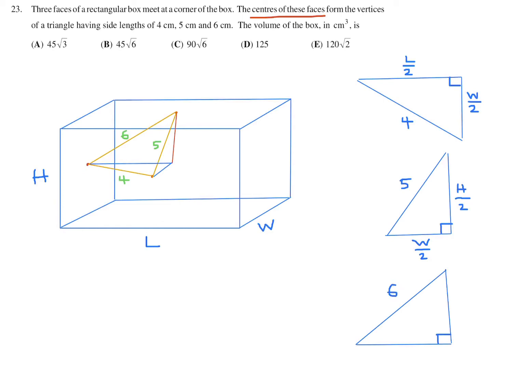And then what about this side right here, the base? That is L over 2. And therefore the height right here is H over 2. All right, so there you go. We have carefully created the 3 triangles, and those 3 triangles will basically help us figure out the volume of the box.